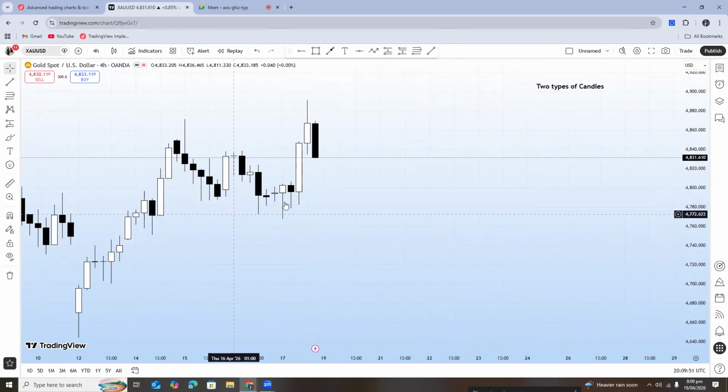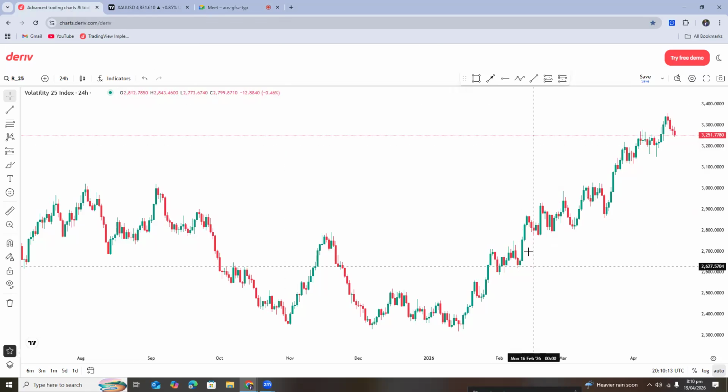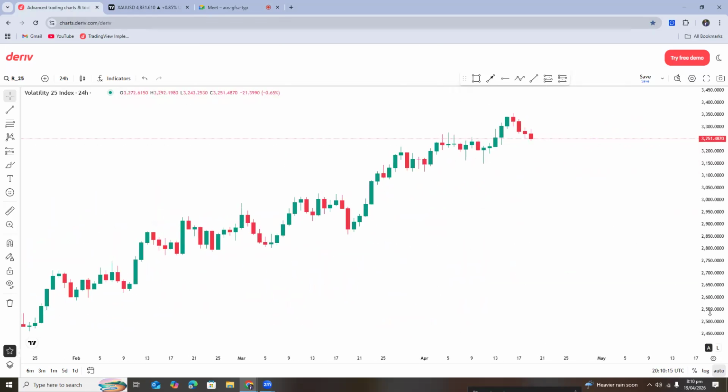And then you can see on my screen I have some in white and others in black. Why are they not of the same color? One signifies sell pressure, the other signifies buy pressure. For the colors, you can set them according to your preference. Let me show you something. You see that over here, the colors are different, right?